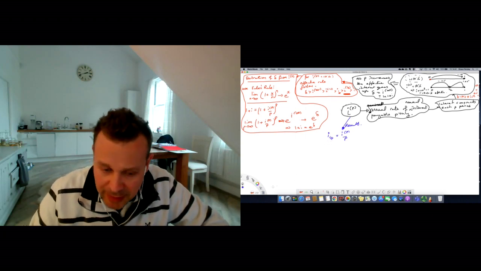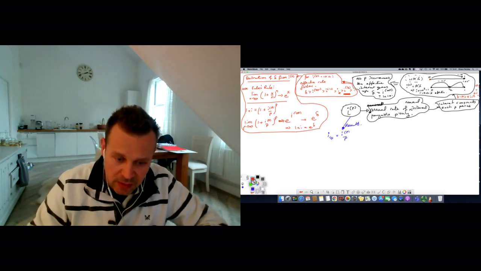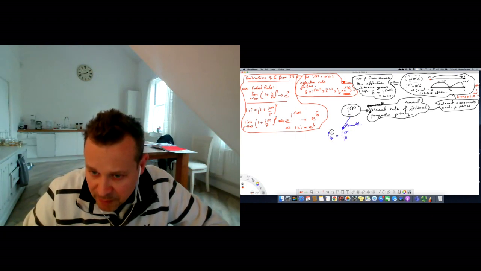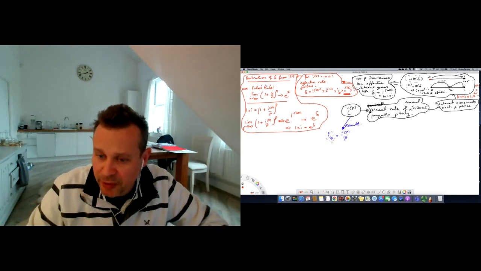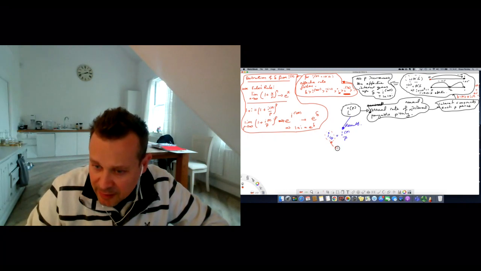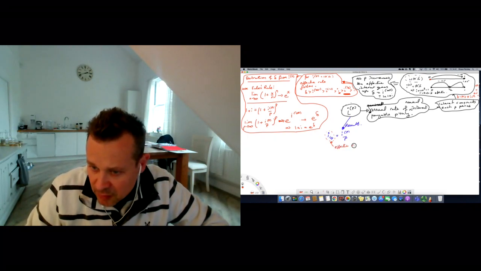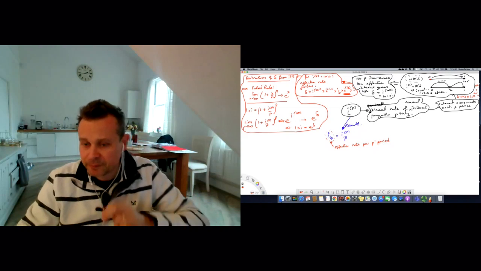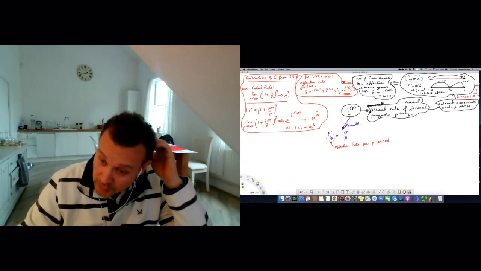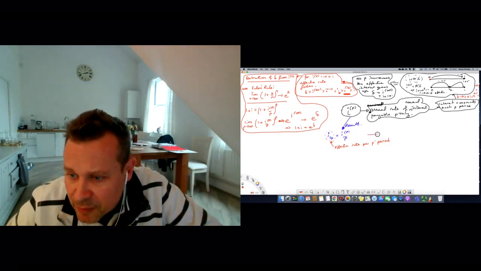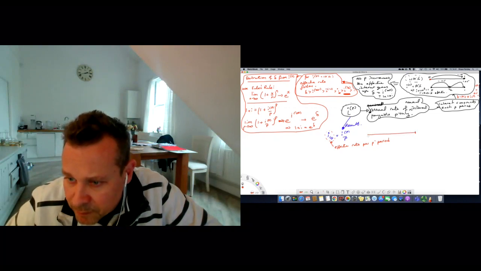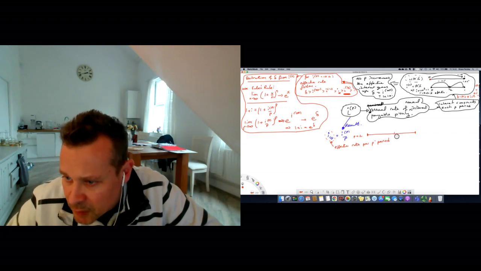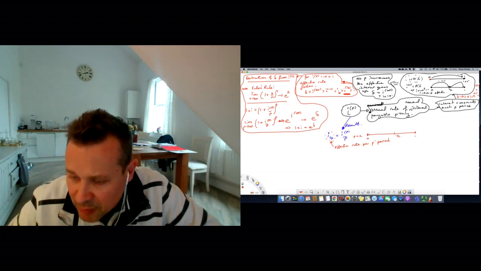Now you have to be a little bit careful with this definition once you get out in the real world. Some people use this, some people don't. So this, to be clear, is the effective rate per p period. If we put this on a timeline, once again we'll use the old p equals 2 example, with time equals 0 and time equals 1.